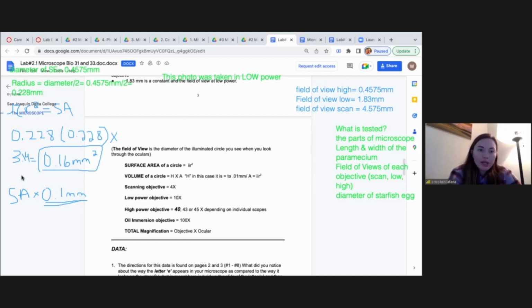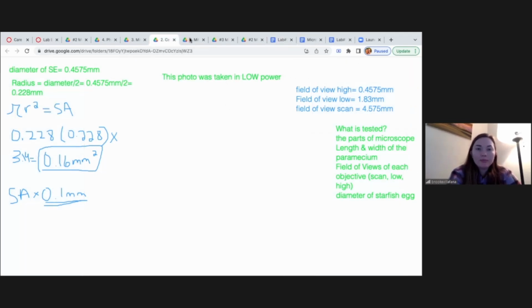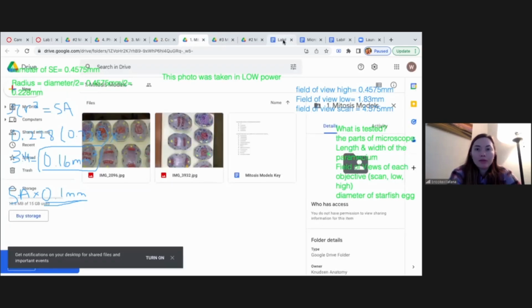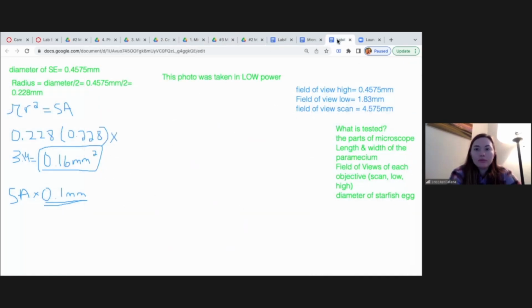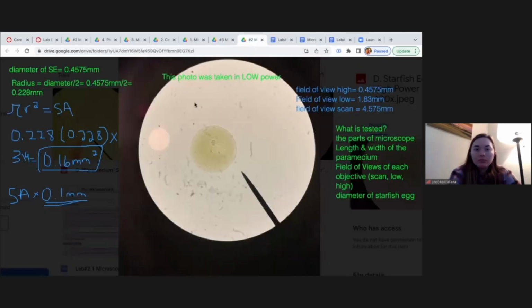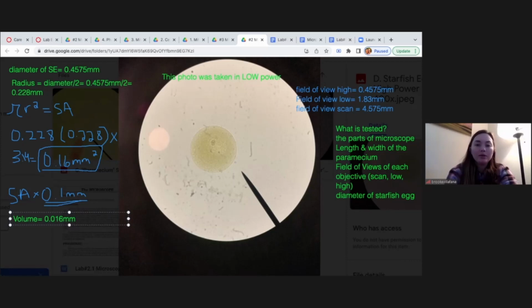Okay, so we take our surface area that we already found and multiply it by 0.1 to find the volume. So the volume equals 0.16 times 0.1, which is 0.016, and you're going to write millimeters cubed.